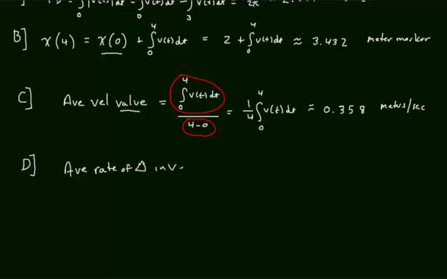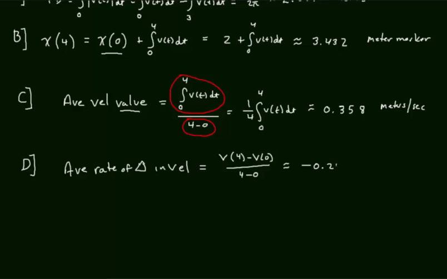And the average rate of change, if you remember, is the slope of the line connecting the endpoints of the function. So we would need change in y over change in x, you might say. So we would need v at 4 minus v of 0 all over 4 minus 0, the average rate of change in velocity.